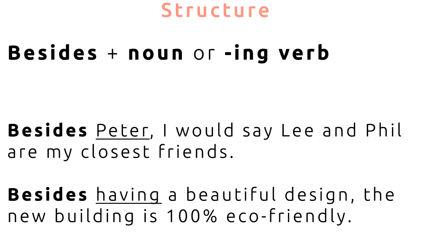And the second example reads, besides having a beautiful design, the new building is 100% eco-friendly. So here we have besides plus the ing verb having.